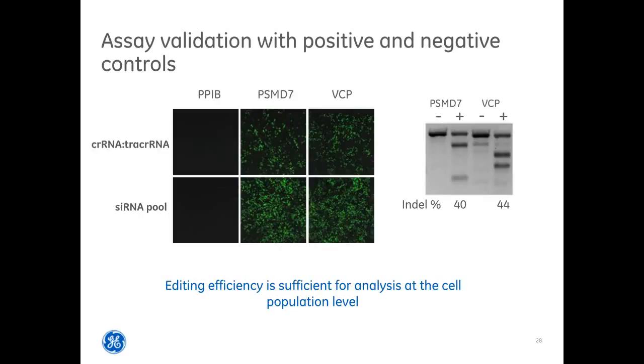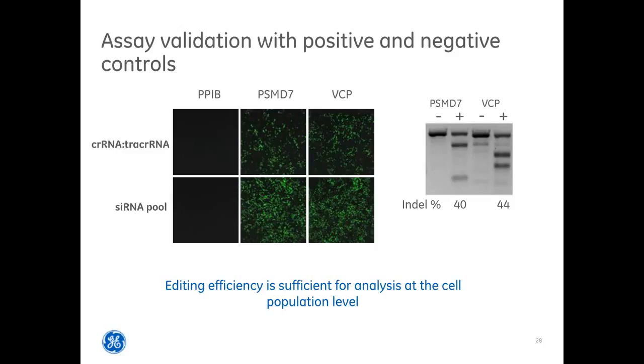So here's a closer look at the phenotypic and editing efficiency data we were able to achieve with our positive controls following assay optimization. On the left, you see treatment with either a CRISPR tracer RNA or an siRNA pool, which we'd run alongside some of these initial trials just as comparison. Targeting either PPIB as a negative control for our assay or PSMD7 and VCP as positive controls.